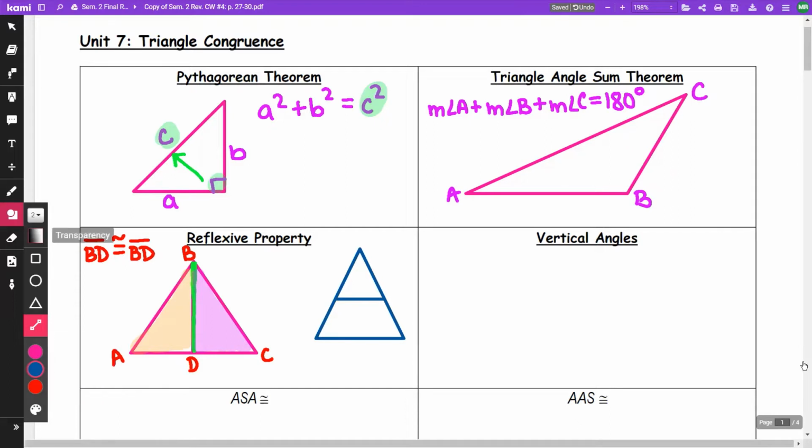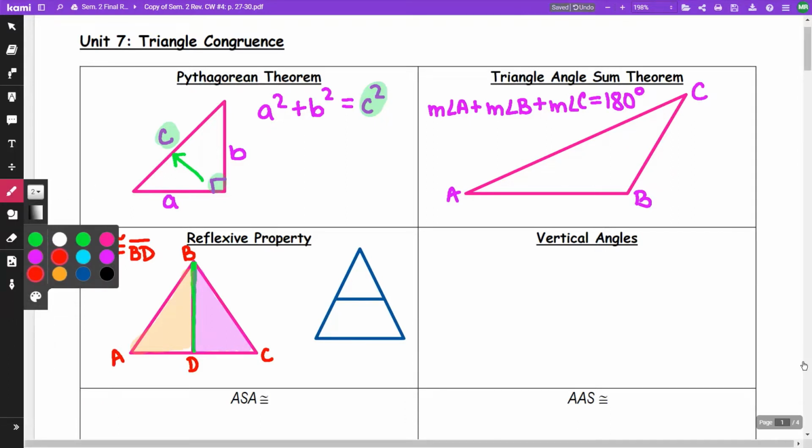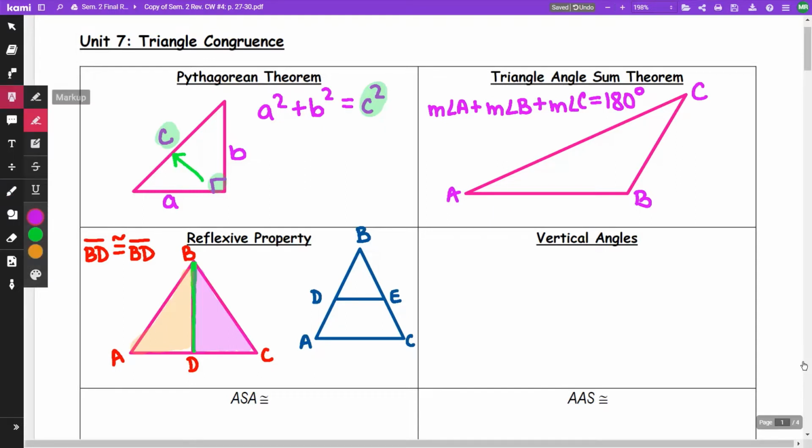And in this triangle, let's say that this is A, B, C, and then let's call this D and E. So in these two triangles, so we have two triangles. One triangle is the big triangle, triangle ABC.